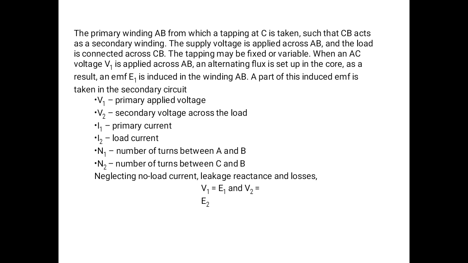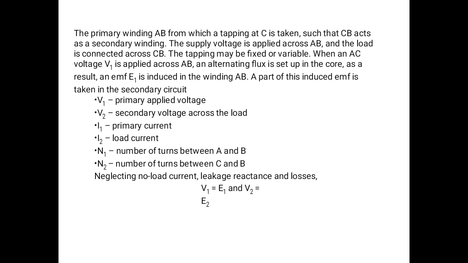Let V1 be the primary applied voltage, V2 the secondary voltage across the load, I1 the primary current, I2 the secondary current, N1 the number of turns between AB, and N2 the number of turns between CB. Neglecting no load current, leakage reactance and losses, V1 is equal to E1 and V2 is equal to E2 in case of an ideal transformer.